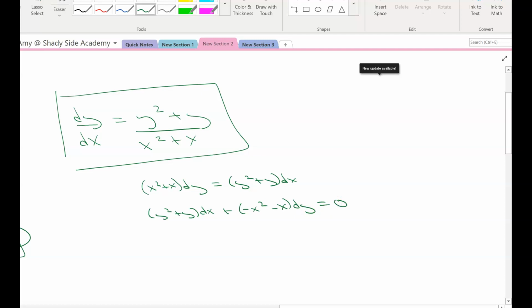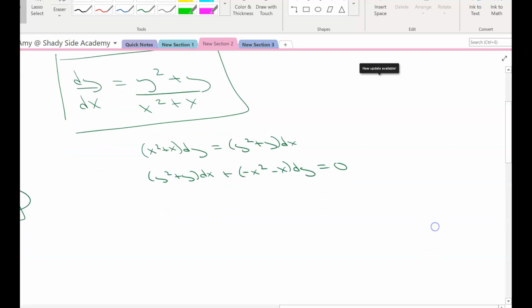Everyone good? Let me just check my very quick arithmetic and algebra. Yeah, we're good. Okay, let's check if it's exact. If a differential equation is exact, let's make sure we remember: if the partial derivative with respect to y of M equals the partial derivative with respect to x of N, then the differential equation is exact.